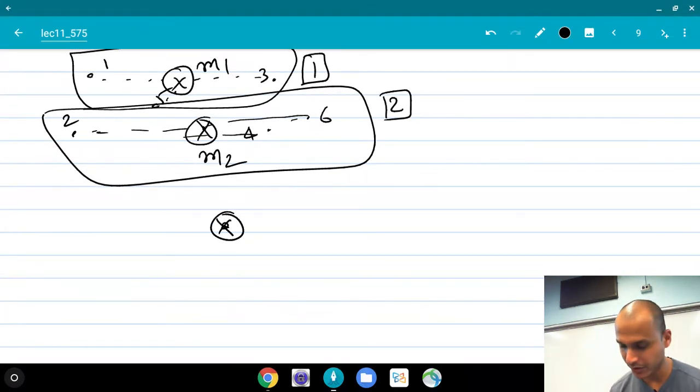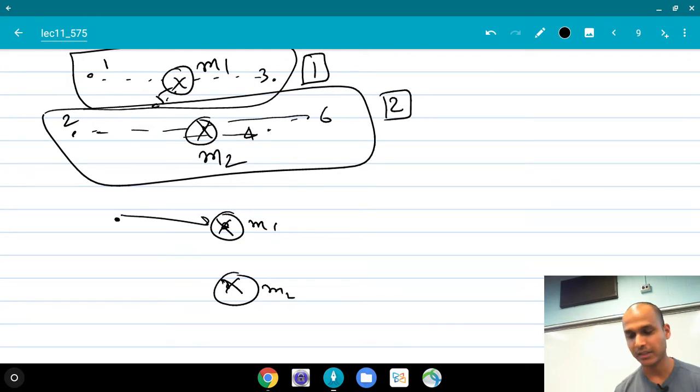Now given M1 and M2, I'm asking, okay, where is 1? Is 1 closest to M1 or M2? 1 is close to M1, let's say. Then it's in the first cluster. Now where is 5? 5 is over here. I don't know which one it is closest to.